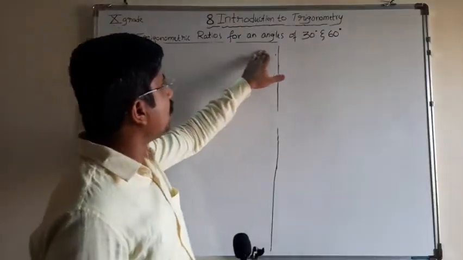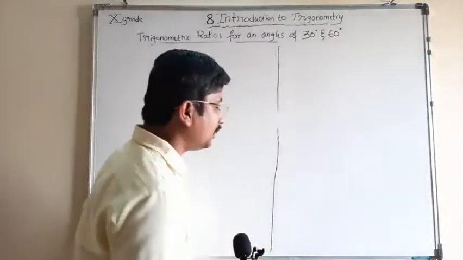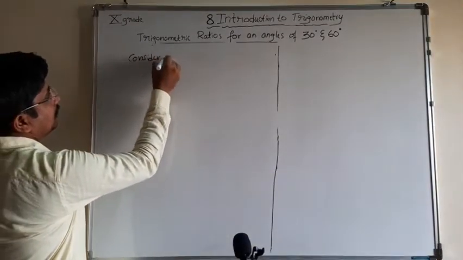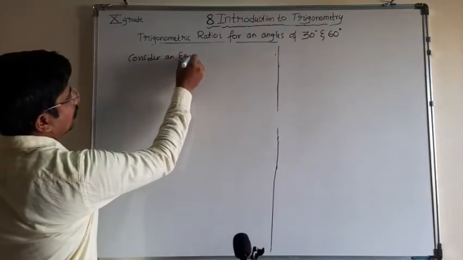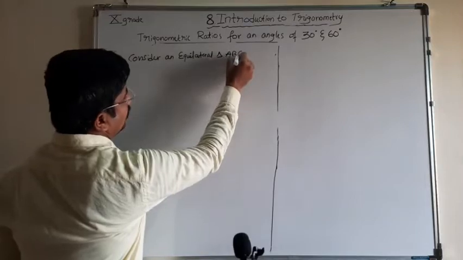Trigonometric ratios for the angles of 30 degree and 60 degree. Consider an equilateral triangle ABC.